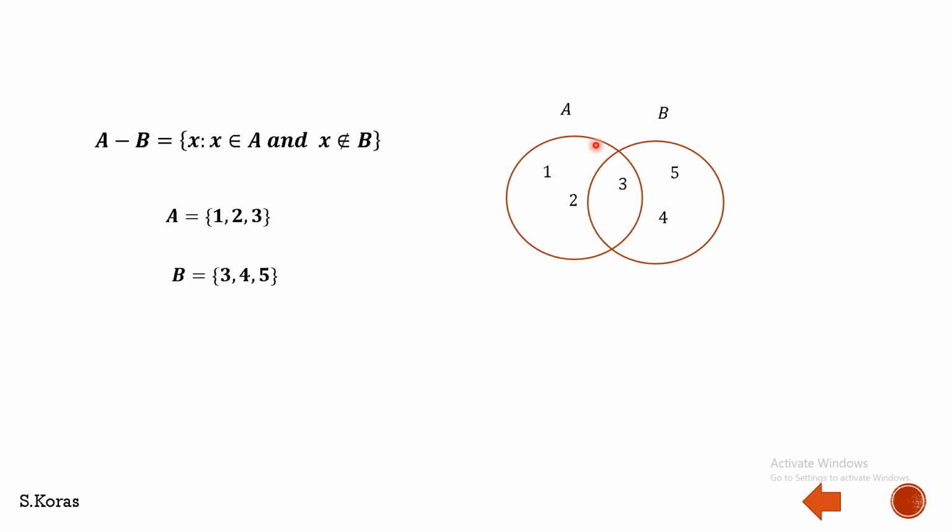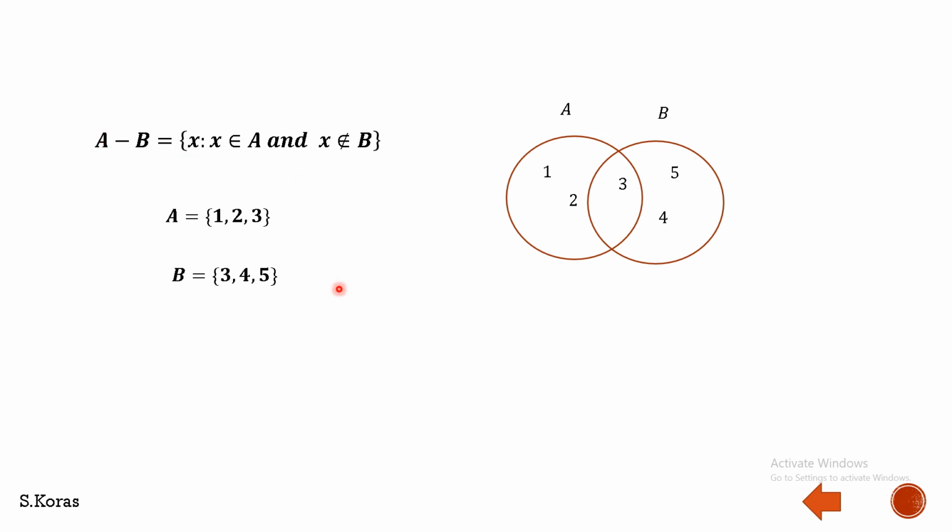But the condition says that at the same time it should not belong to B. If you see here, this 3 belongs to B. It belongs to A as well as it belongs to B. But A difference B states that we can write all the elements which belong to A, but they should not be present in B. So this is our A difference B. That is, the elements which are present only in A are considered. So A difference B, we can say in another way, is nothing but only A.